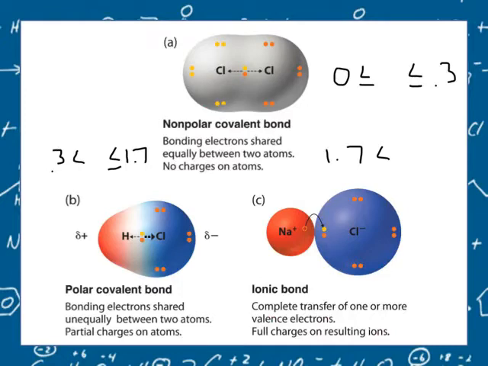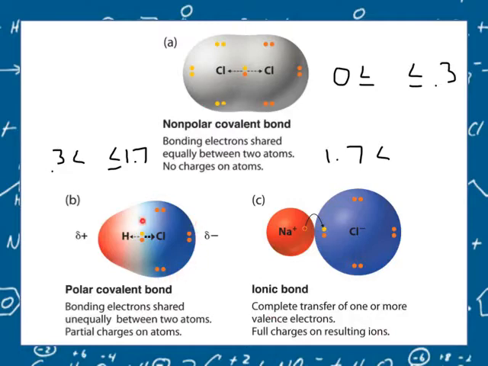It's sort of ionic bonding light. The electronegativity differences aren't quite as great, so there's still some sharing, but the key thing here is unequal sharing. So these two electrons that are being shared between hydrogen and chlorine are being shared unequally.